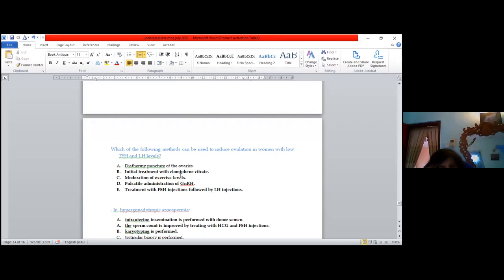Moderation of exercise, yes, because sometimes in athletes you can get low FSH and LH levels. Pulsatile administration of GnRH is yes. If the low FSH and LH is due to low GnRH levels, with problems in the hypothalamus, then we can use pulsatile administration of GnRH. Treatment with FSH injection followed by LH is also correct.